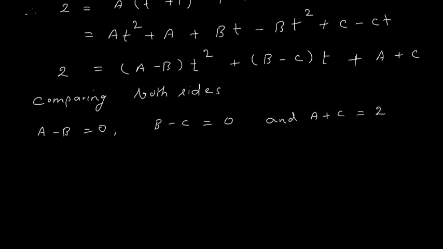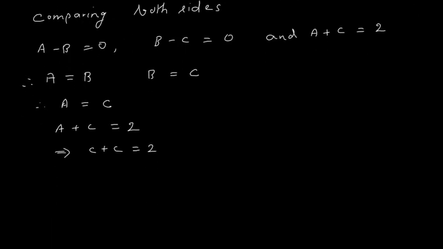Okay, so the value of a minus b is 0, so therefore I have a equal to b, I have b equal to c. So that gives me, therefore, a is equal to c. Now a plus c equal to 2, this implies that c plus c equal to 2. So this implies c is equal to 1.